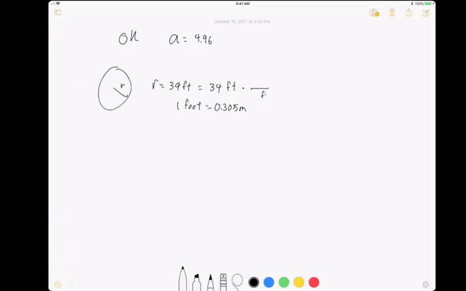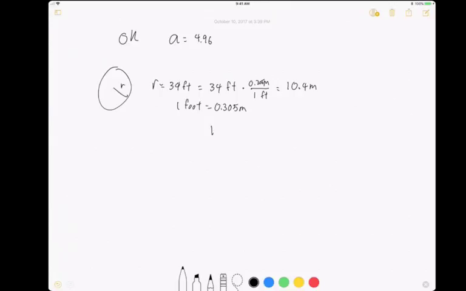I don't want to change this number, I want to change its units. So 1 foot is 0.305 meters, so that's 34 times 0.305, that's 10.4 meters in radius.